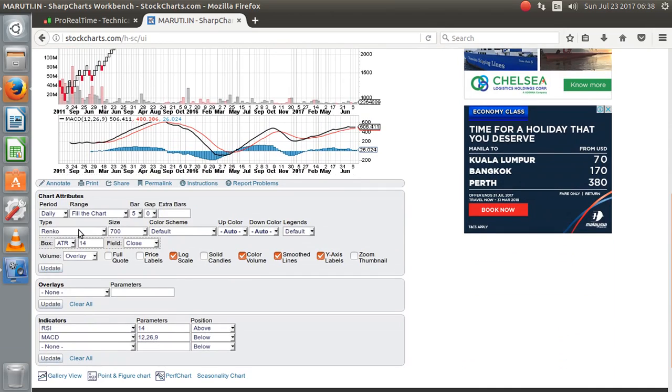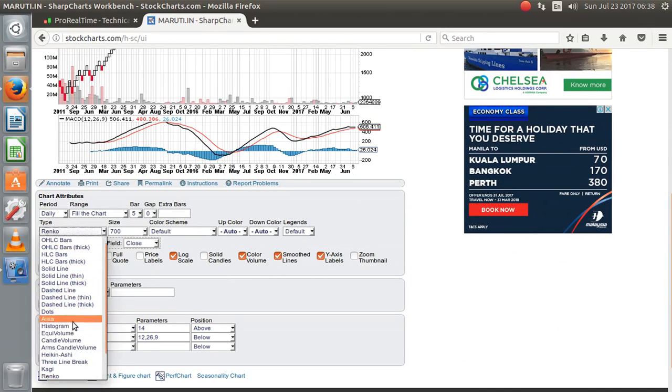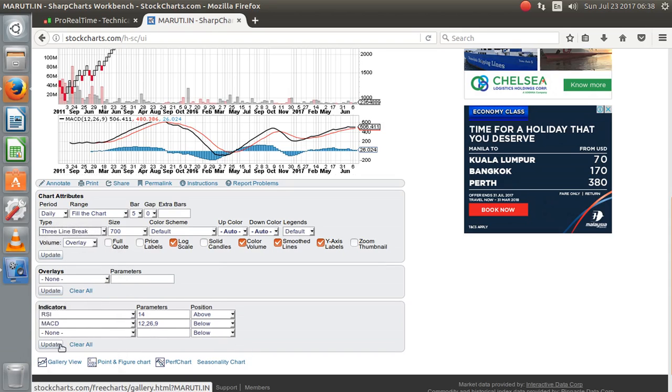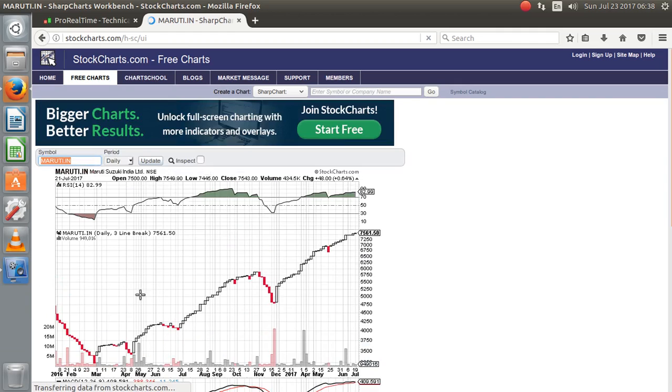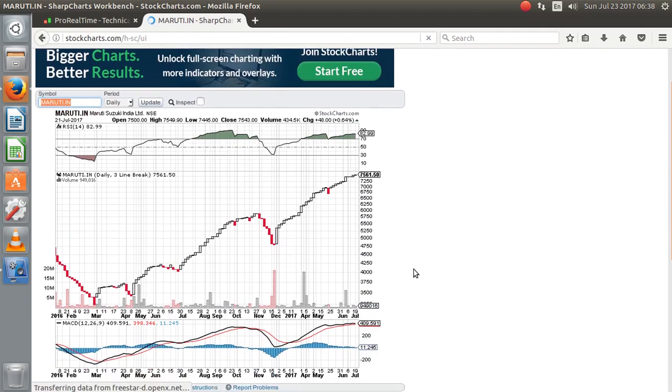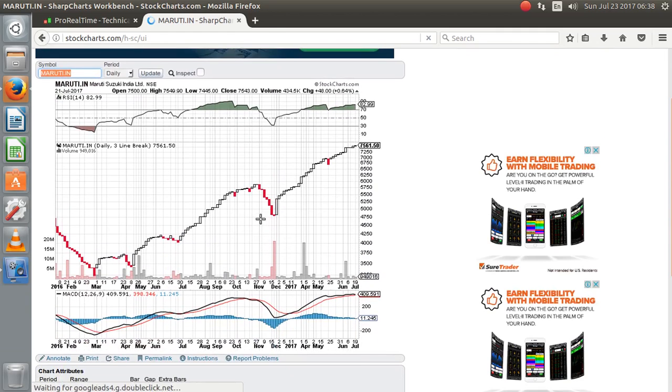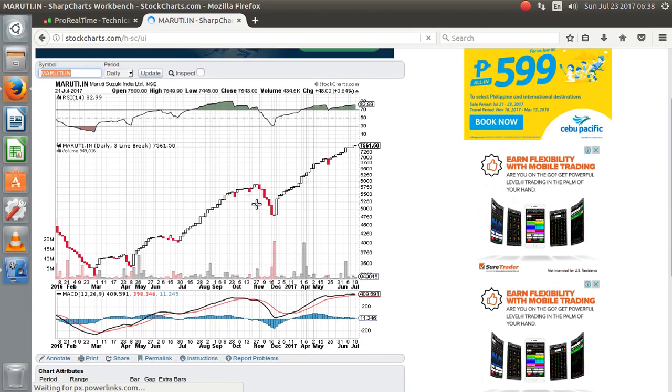Just to show you, compared to our previous video, the 3-line break. Let's look at the 3-line break and update it. There you go. Indeed, Maruti Suzuki is in an uptrend. This is probably the dip that we looked at. Okay, came from a downtrend, then up and down. You can see the peak and trough here.